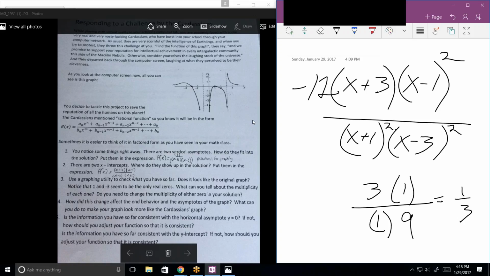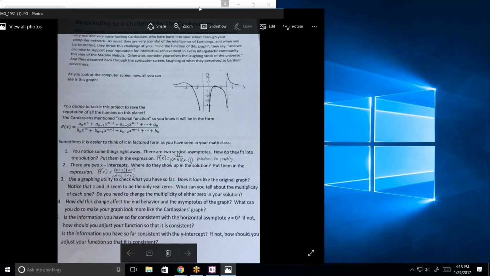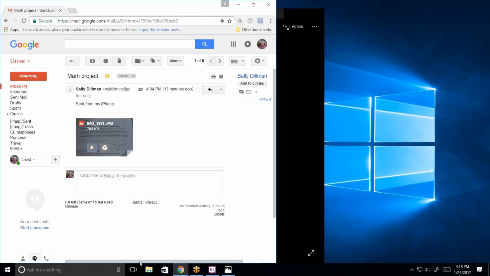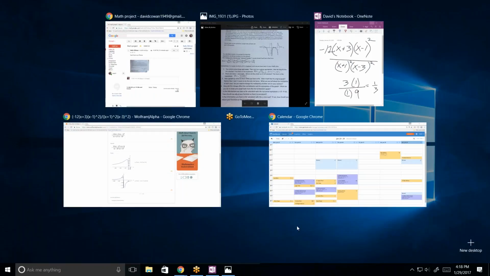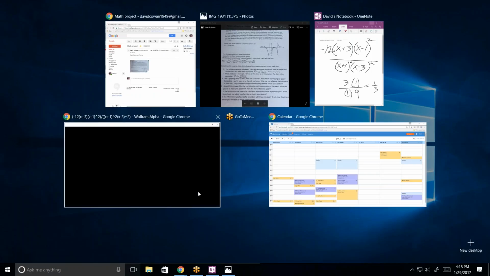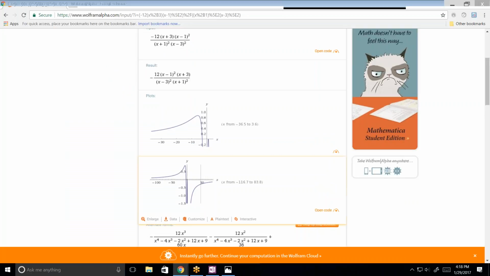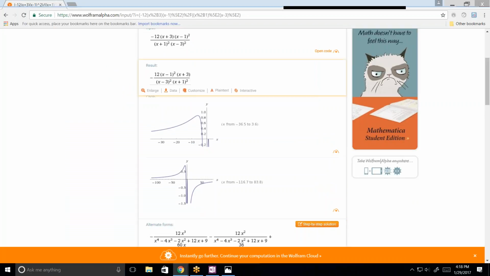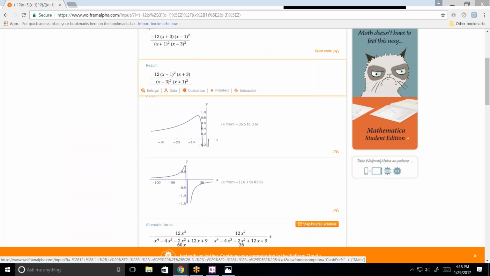What if we cube? No, that'll give us the same. In other words, notice what Wolfram Alpha showed me when I put it in. It gave me the minus out front. It didn't matter whether I put the minus in the numerator or the denominator. Oh, yeah. Okay.